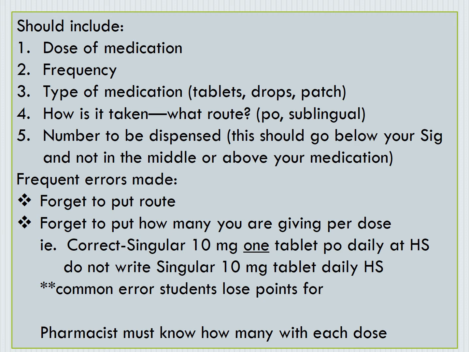He does know that it's only given once a day, but he is not allowed to fill it unless he has an accurate prescription. So you need to write Singulair 10 milligrams, 1 tablet PO daily at HS. If you write Singulair 10 milligram tablet daily, they'll probably kick the prescription back. These are some common errors that students have a tendency to make on this assignment.